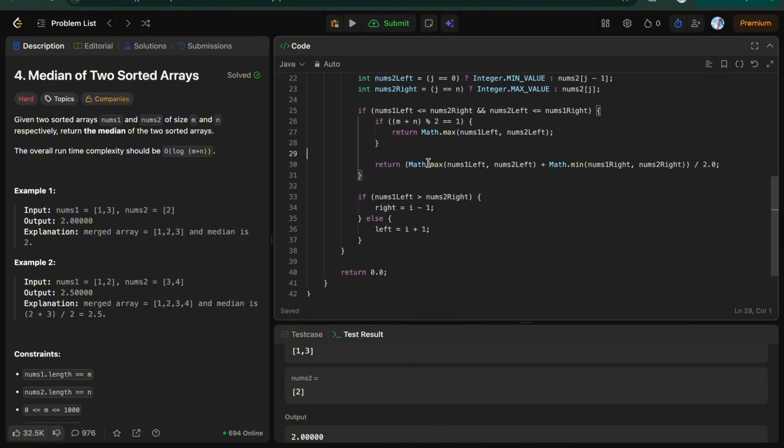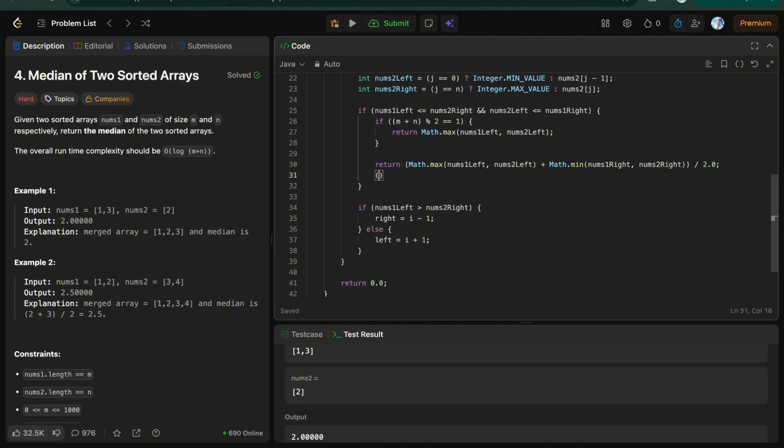Okay, and then this part: if the total length is even, then the median is the average of the largest number on the left side and the smallest number on the right side. So what we would do is exactly find, like I said right here. Okay, I'll just write it down.